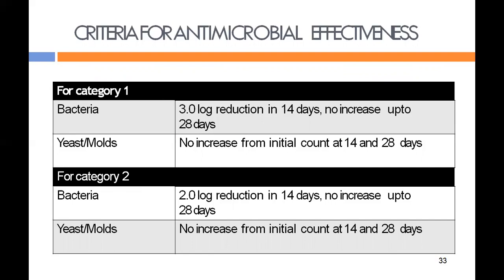For yeast or mold, there should be no increase from the initial count at 14 and 28 days. So readings are taken twice, on the 14th day and on the 28th day. So there should be no increase at all. So the antimicrobial preservative should be able to kill the challenging yeast or mold species at once.